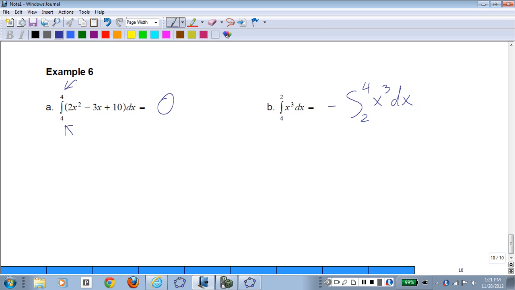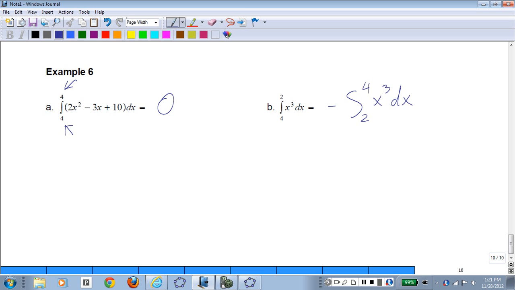And I could evaluate the area that's above the x-axis and then multiply by negative 1 at the last minute. Or I could take the negative sign and put it inside, visualize a graph that's below the x-axis, y equals negative x cubed, and then just leave it negative. But the answer is going to be negative, so let's go ahead and find the antiderivative.